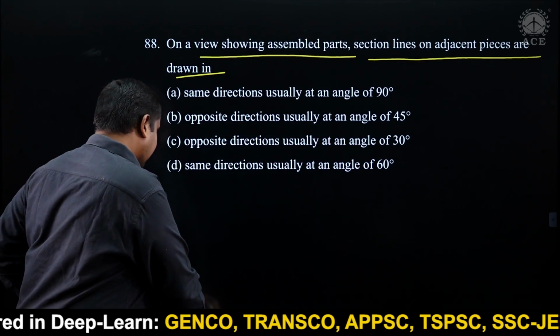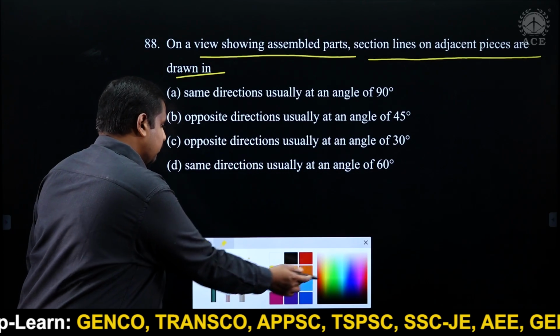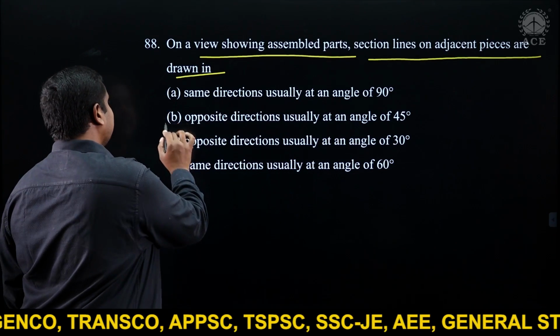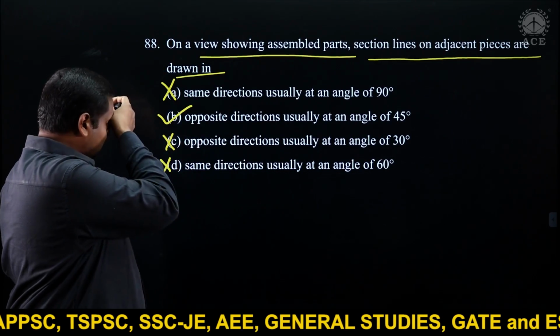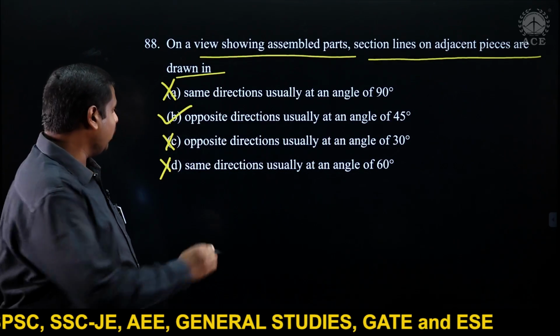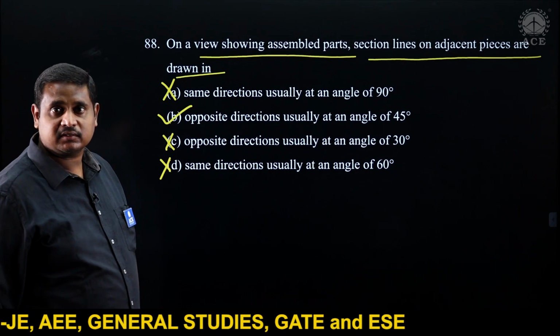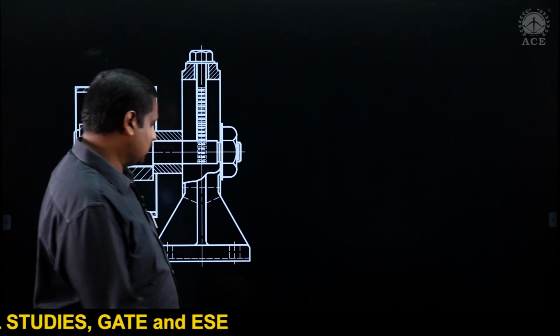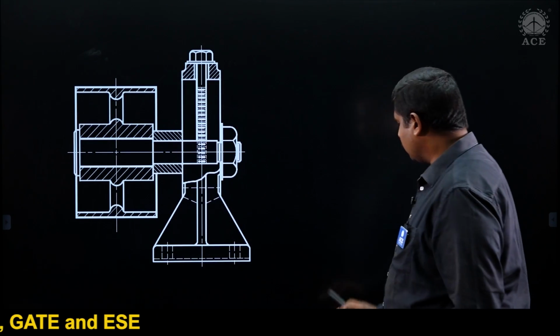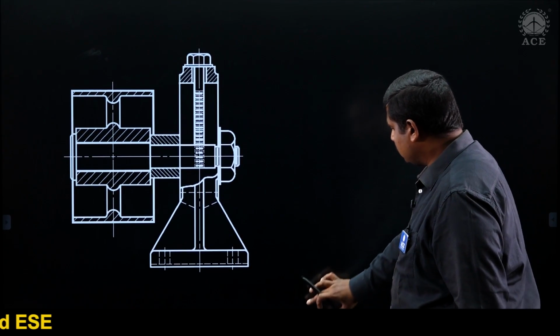And the right answer is option B, whereas option A, option C, option D are invalid. Why option B is the right answer, my dears? Let us discuss by using a graphical representation. Observe the screen, my dears.